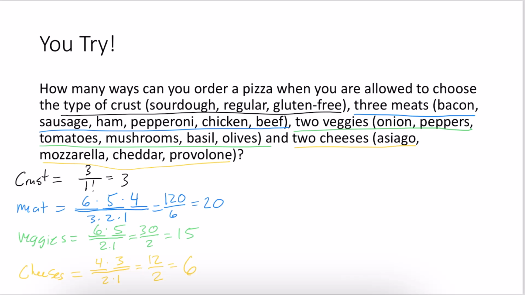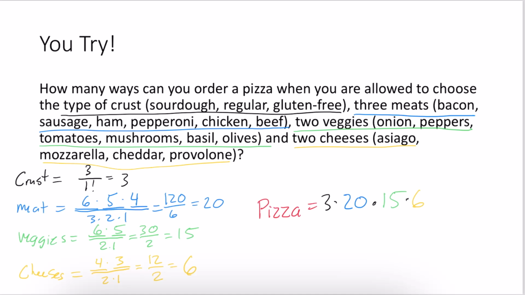So each of these numbers are the number of ways that you could choose each individual thing from the different options that we were given. The number of ways that you could order the pizza is going to be the 3 ways that we could order the crust multiplied by the 20 ways you could order the meat multiplied by the 15 ways you could order the veggies multiplied by the 6 ways you could order the cheeses.